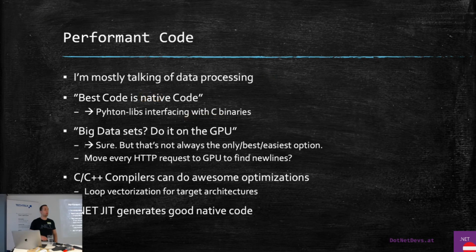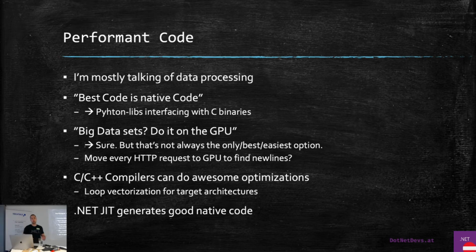And when we think about performance, I'm mostly talking about processing data. So if you're shuffling data streams around the networks, maybe your use cases will be different. But when I talk about performant code now, it's mostly about processing some forms of data. It could be text, could be interactions that you need when you're doing data science or machine learning.